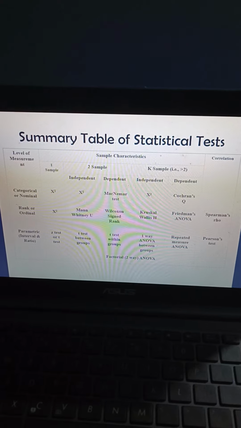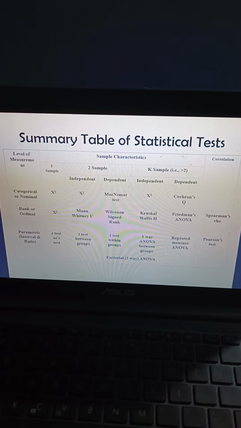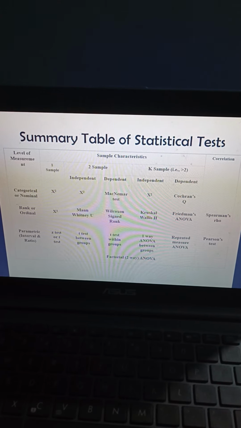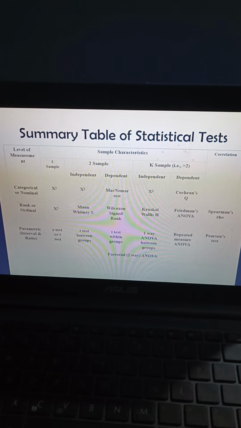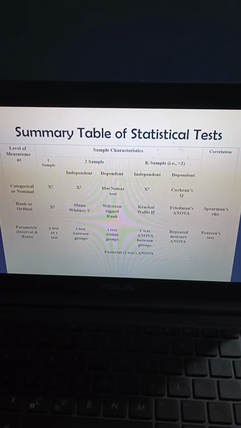And in case of correlation, for rank or ordinal, you can do Spearman's rho. In case of parametric, it is Pearson's test. So this is the summary table of statistical tests.